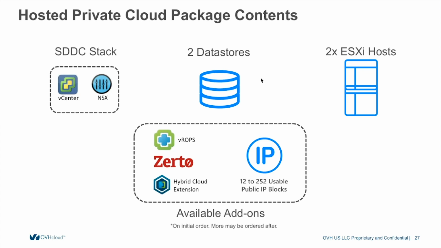And what Hybrid Cloud Extension is, it's a hybridity service that allows you to connect your data center to your target data center and do either low downtime migrations or live vMotions of workloads from your data center into your DR target data center or your alternate production site. And then we also have public IPs that we make available to our customers to place on those edge gateways that we talked about at the beginning.